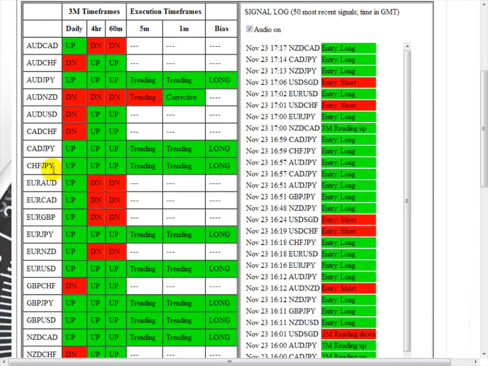So I'm looking at CAD/JPY and CHF/JPY and EUR/JPY and GBP/JPY, and they're all giving me up readings here. Well, I'm not going to look for trades on all 4 of those because that would be an over-leveraged position.